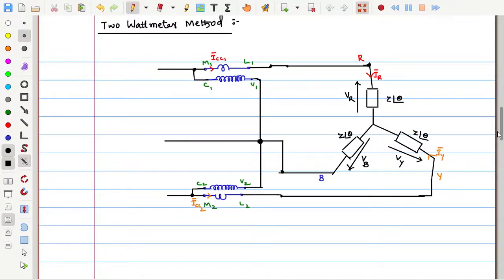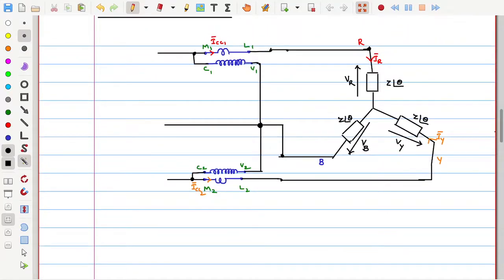So now let me state what exactly the 2 wattmeter method configuration is.